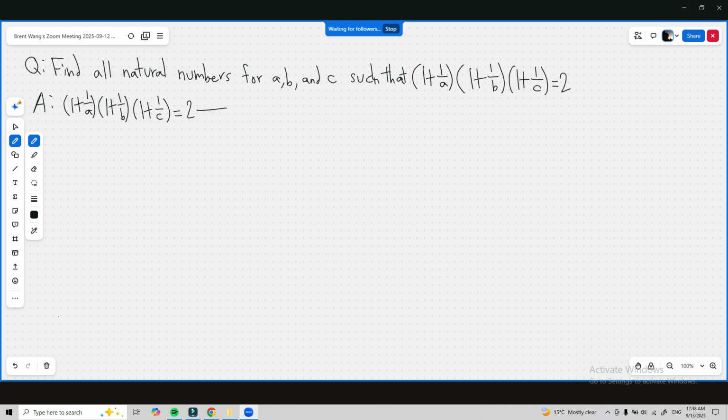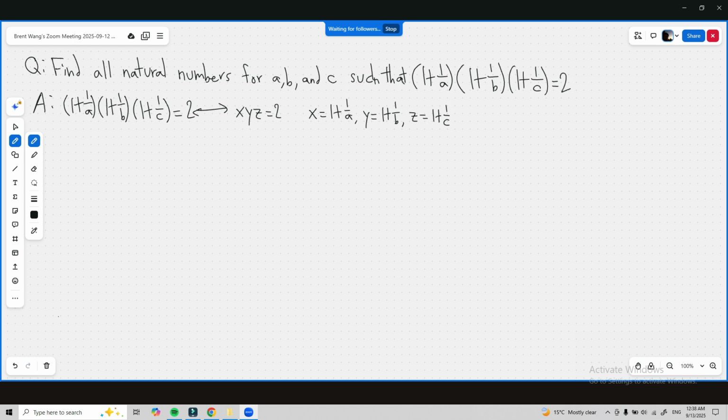So this is the same thing as saying xyz is equal to 2 for x equals 1 plus 1 over a, y equals 1 plus 1 over b, and z equals 1 plus 1 over c. And yeah, basically this is going to help us in the long run.